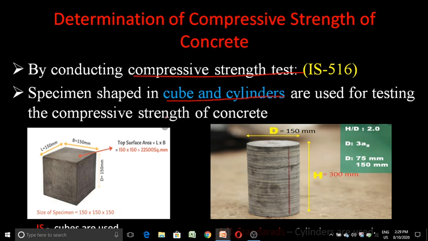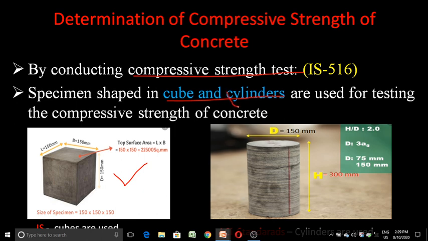In Indian standards, cubes of 150 mm by 150 mm by 150 mm are used, and sometimes 100 mm by 100 mm by 100 mm also. But our Indian standard IS code recommends using only this type of cube, that is length 150 mm, width 150 mm, and depth 150 mm. This cube will be used for determination of compressive strength of concrete.